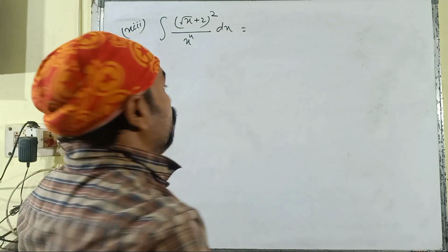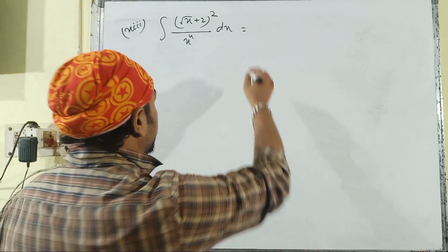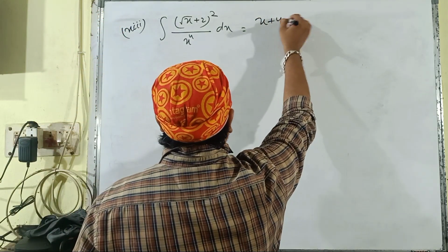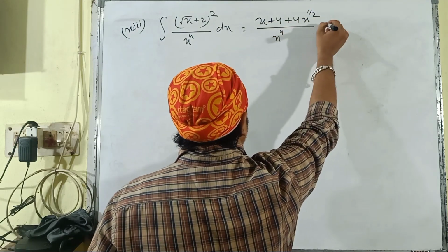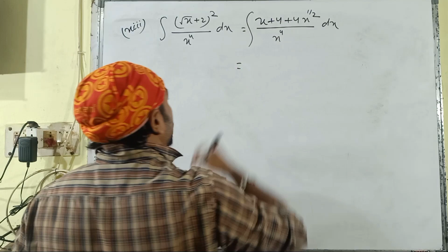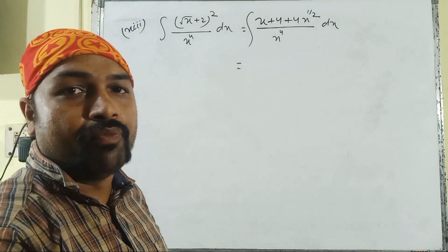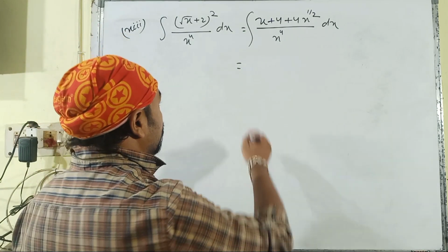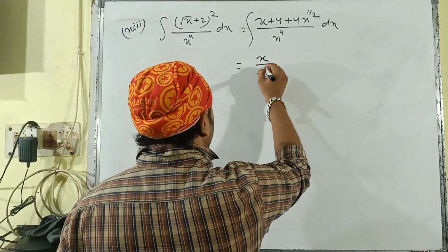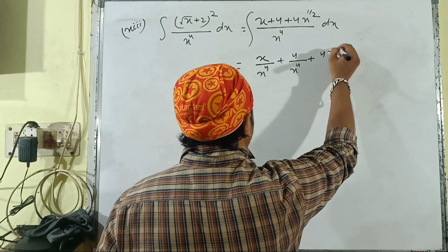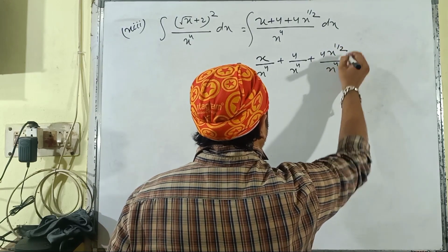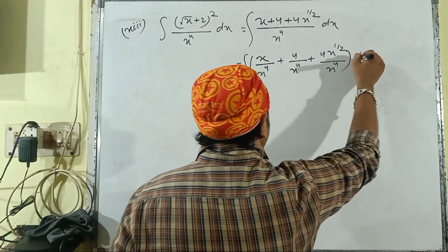First of all, we have to calculate the whole square of root x plus 2, and it is x plus 4 plus 4x to the power 1 by 2, divided by x to the power 4. Then we have to separate the terms of the numerator along with the term of the denominator. It will be x divided by x to the power 4 plus 4 divided by x to the power 4 plus 4x to the power 1 by 2 divided by x to the power 4.